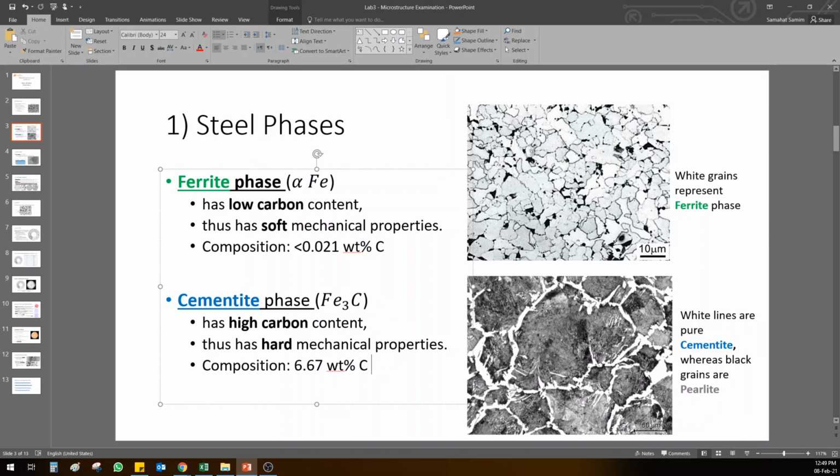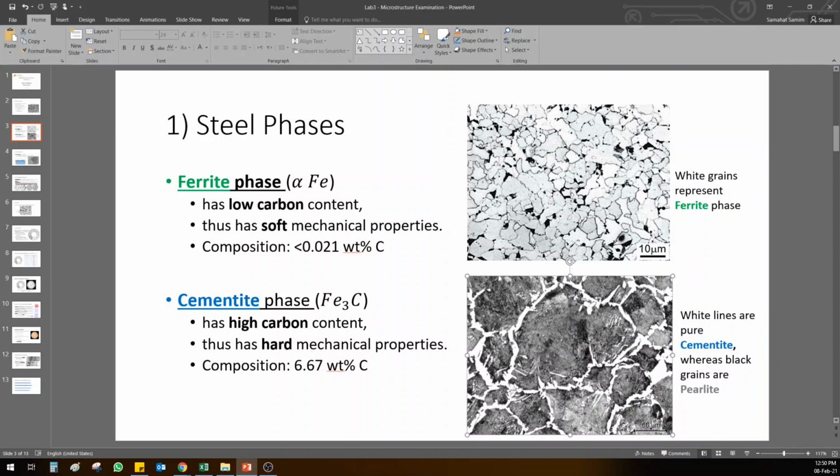Actually, cementite lies in the boundary area, but remember, it will have a white color, and it's also a little bit thicker than the normal grain boundary here. So cementite looks like this. And the third one, which is pearlite, is black in color. Actually, in this picture, this microscope image, the black area is pearlite.